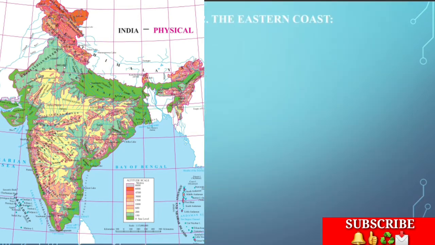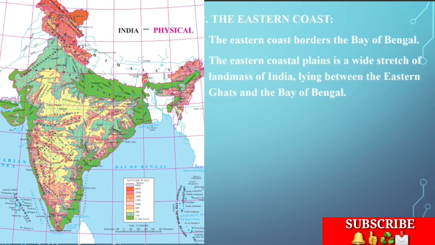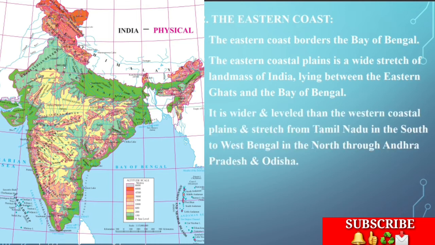Now students, let's learn the eastern coast. The eastern coast borders the Bay of Bengal. The eastern coastal plain is a wide stretch of landmass of India, lying between the Eastern Ghats and the Bay of Bengal.